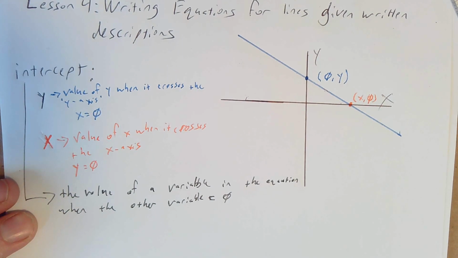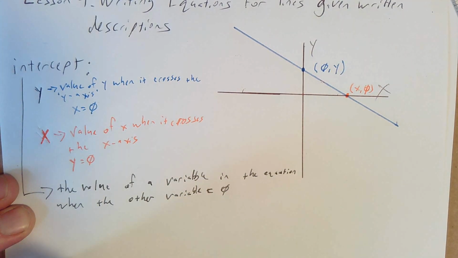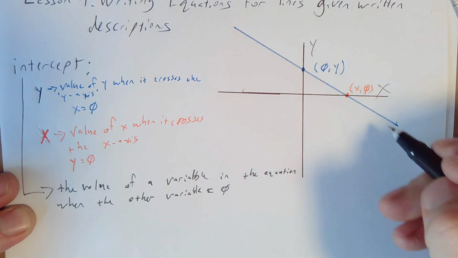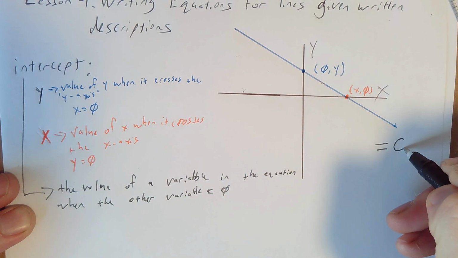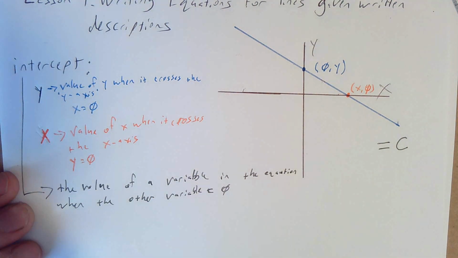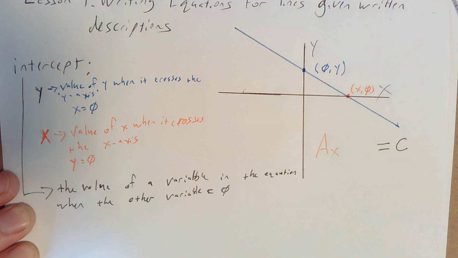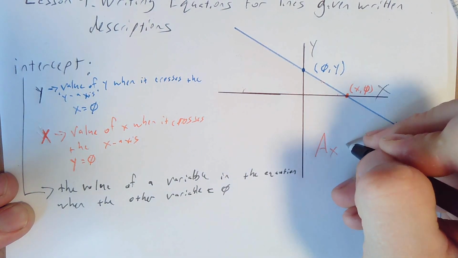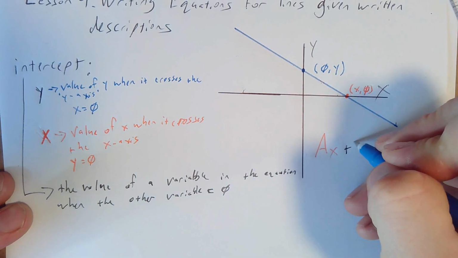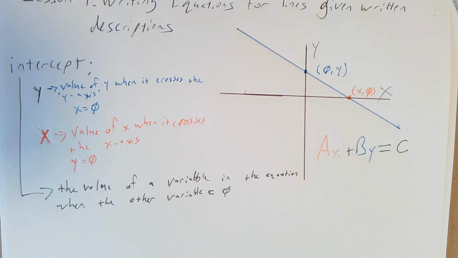So let's look at our function in standard form. It's going to be ax plus by equals c, some constant.